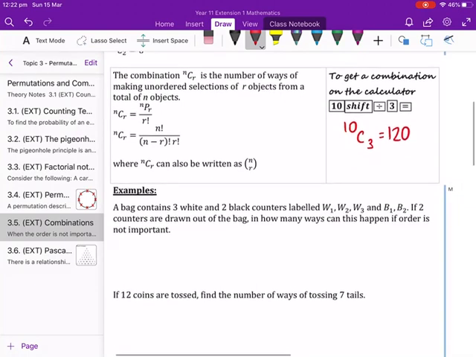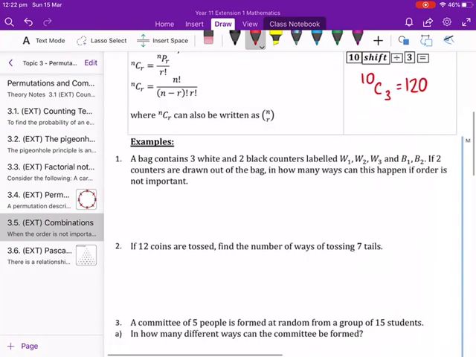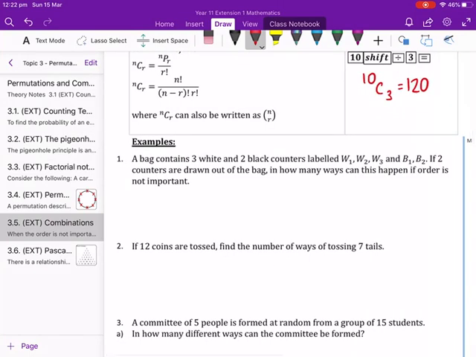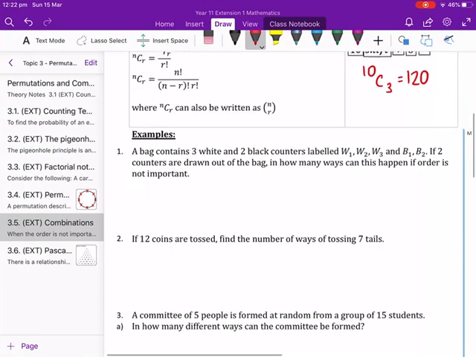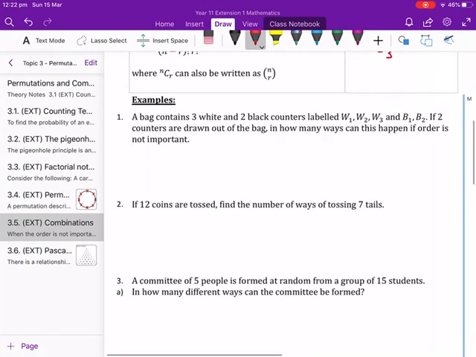So I have a few examples to go through with you. The first one is: a bag contains 3 white and 2 black counters labelled W1, W2, W3 and B1, B2. If 2 counters are drawn out of the bag, in how many ways can this happen if order is not important?